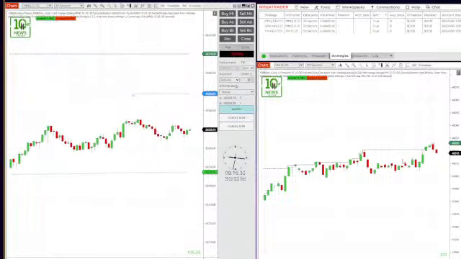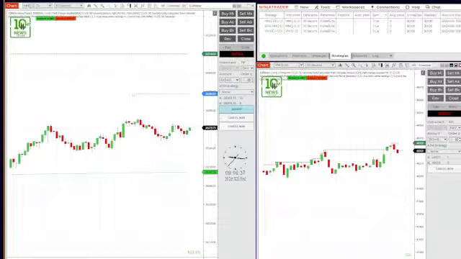Now, I can add a Canada chart. So I'm going to leave the YM, shrink my chart. I'm going to add a third chart for Canada.